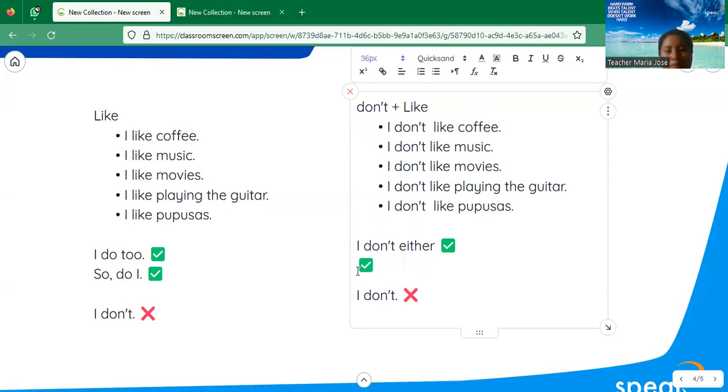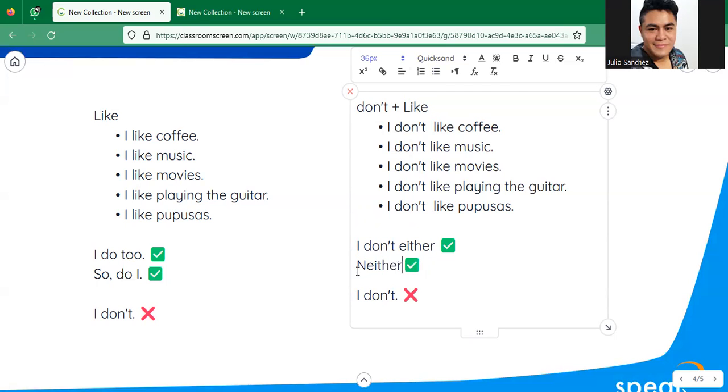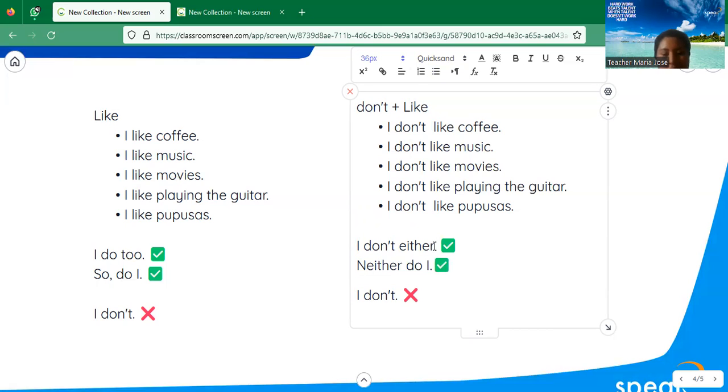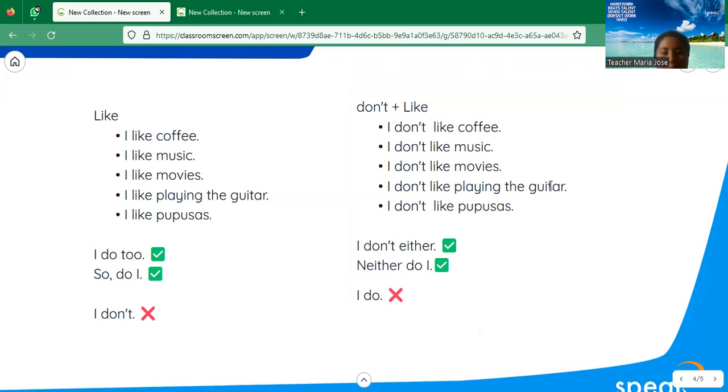Julio? Neither do I. Perfect. And if it is actually positive for me, I don't like coffee. Well, I do. Okay, because it's the opposite, right? For me, I do. One example.